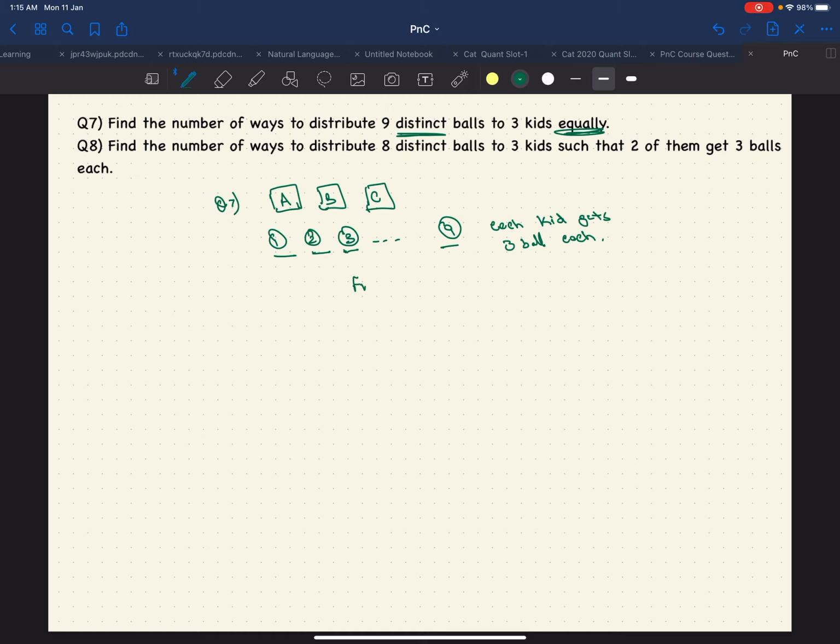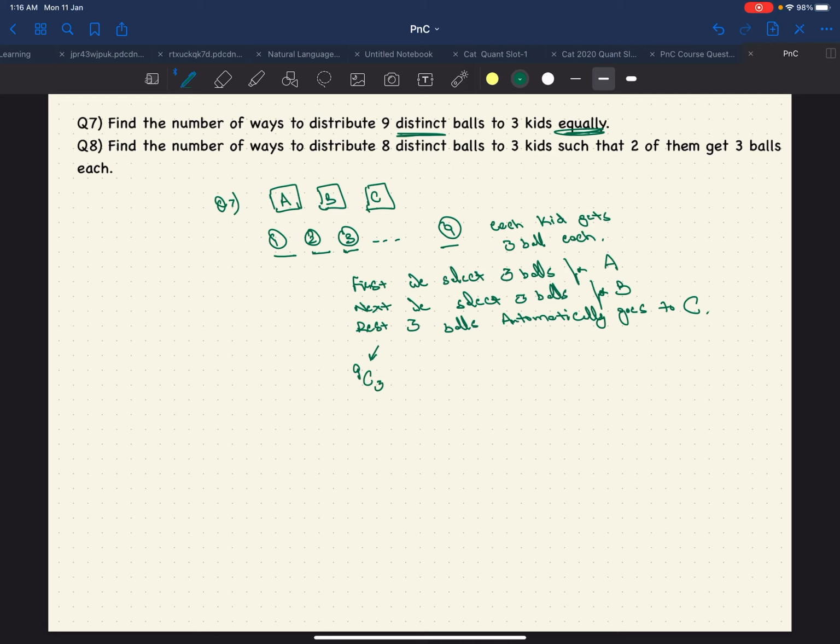So let's say first we select 3 balls for A. Next, we select 3 balls for B. Rest 3 balls automatically goes to C. Therefore, the total number of ways to do so is 9C3, where we are selecting 3 balls for A, then 6C3, where we are selecting 3 balls for B from the remaining 6 balls, and 3C3.